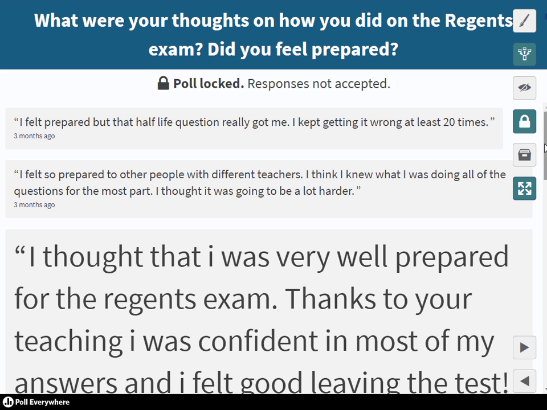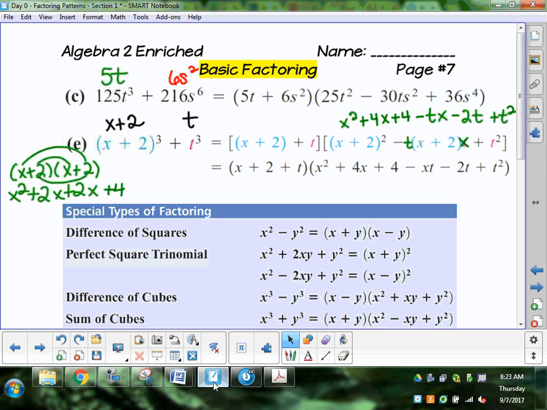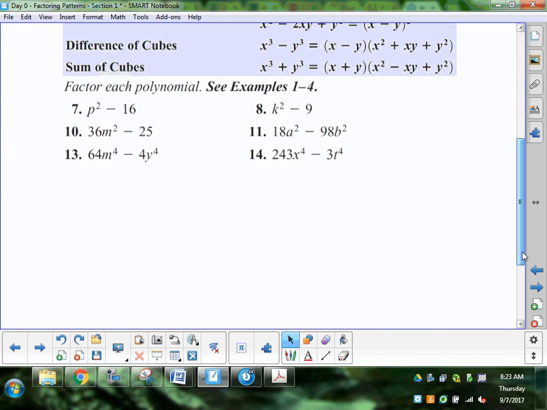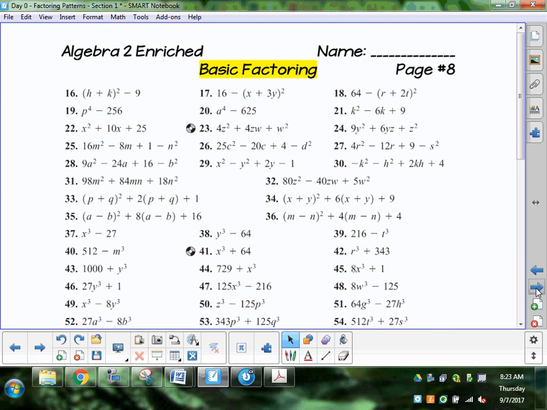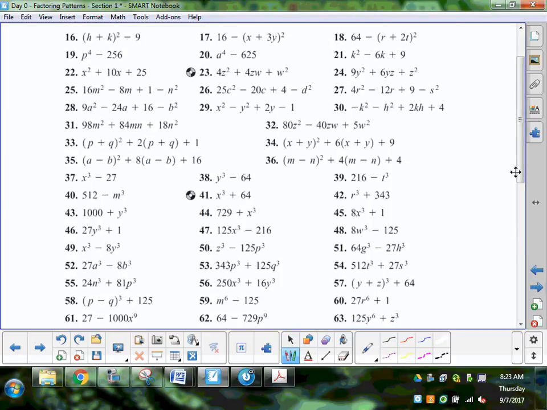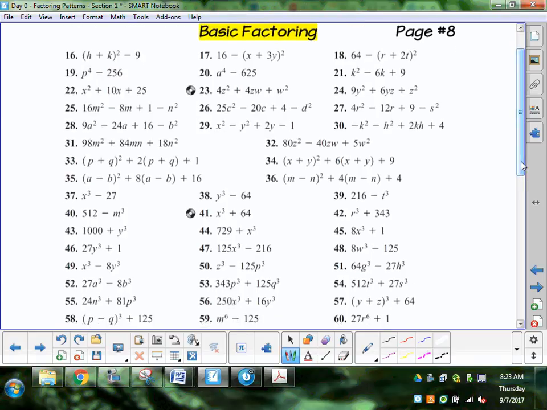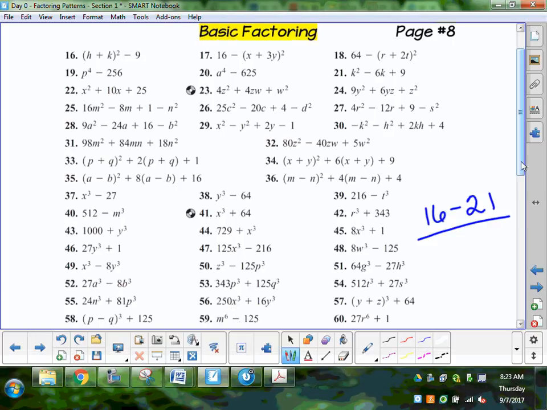Get used to thinking. I'm not going to ask you to combine like terms for the rest of the year. As far as homework, let's have you try 16 through 21 all, and let's have you do 37 through 57, odd.